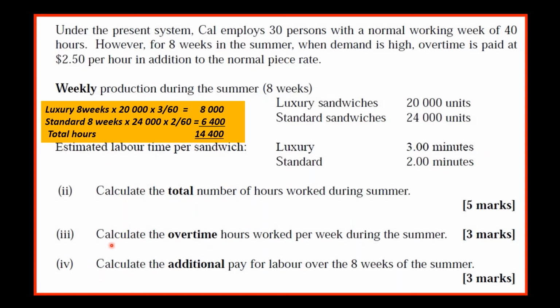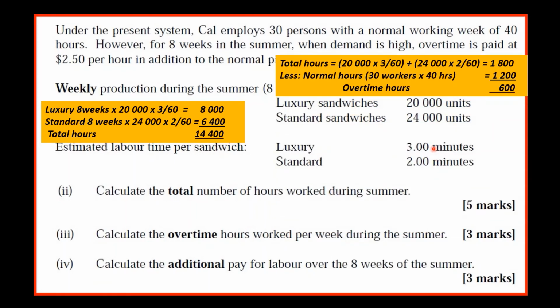Second part, calculate the overtime hours worked per week during the summer. Okay, the total hours would be the time it takes to make this: 20,000 units multiplied by 3 minutes divided by 60 to bring it to hours, and 24,000 sandwiches by 2 minutes and divided by 60 to bring it to hours.